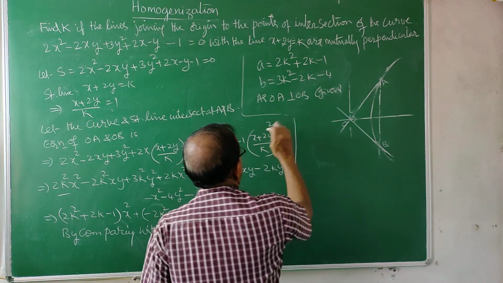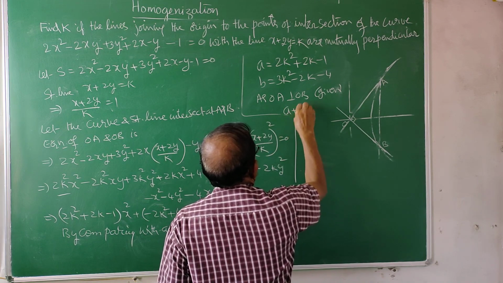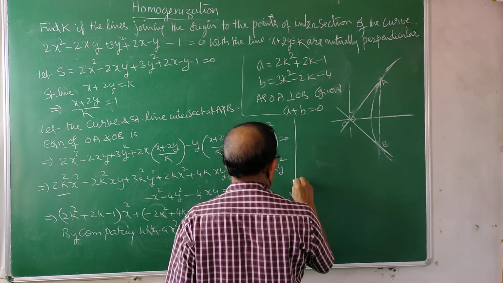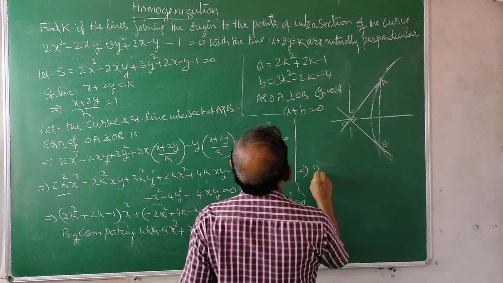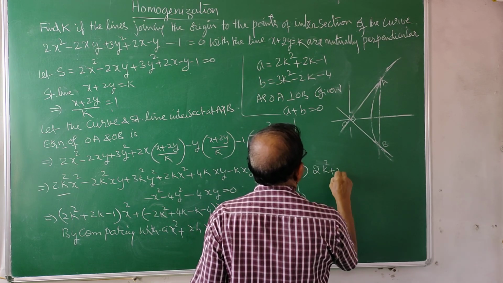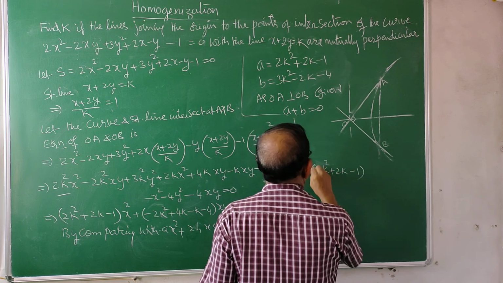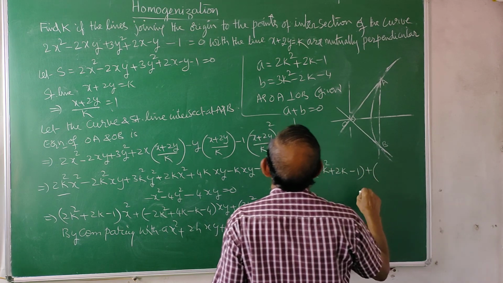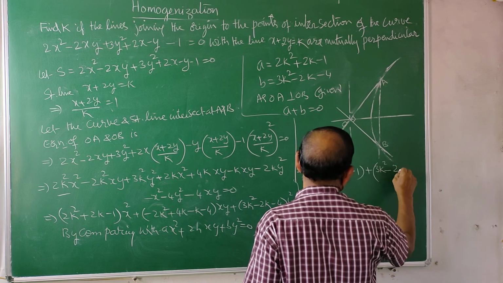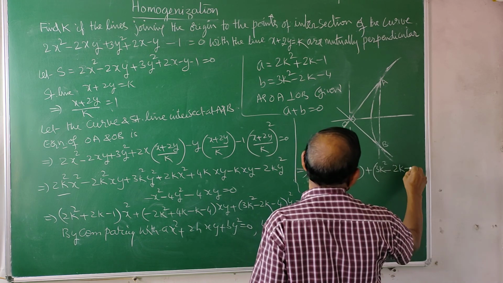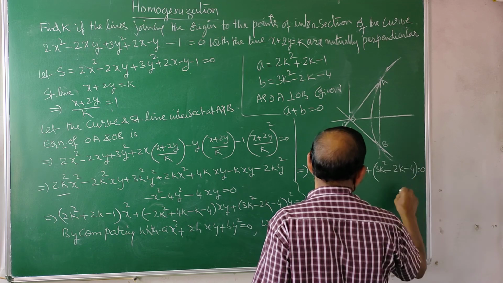A plus b is equal to 0. That implies, what is A? 2k square plus 2k minus 1 plus 3k square minus 2k minus 4 equal to 0.